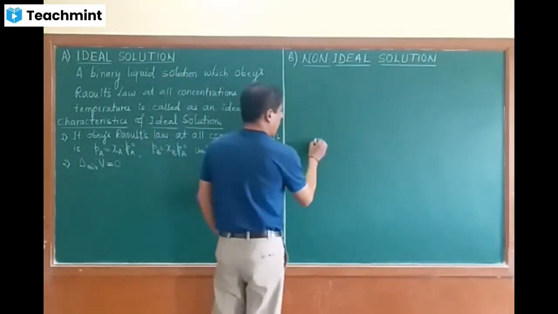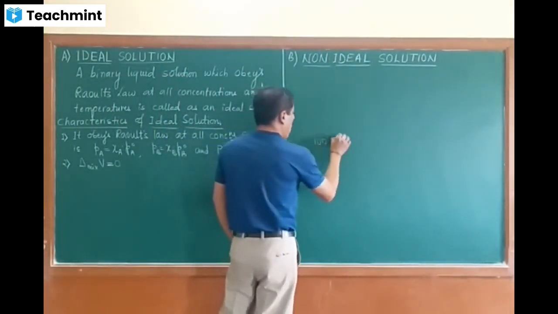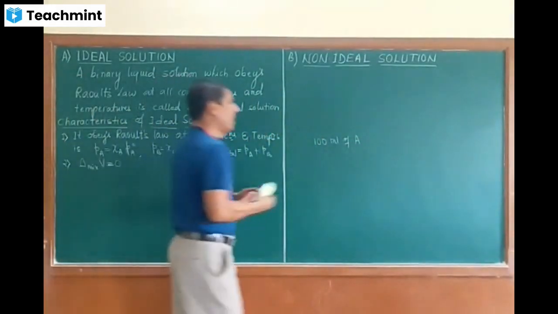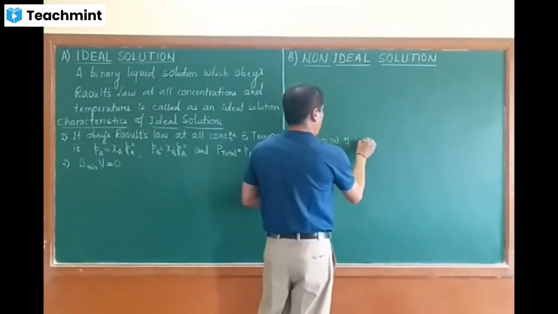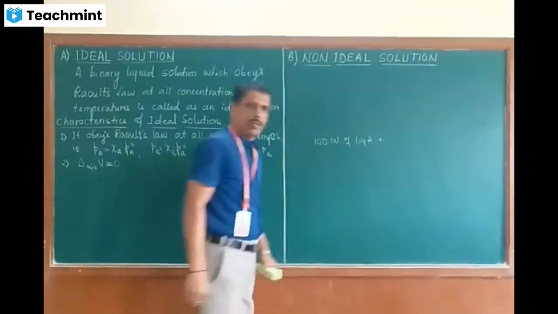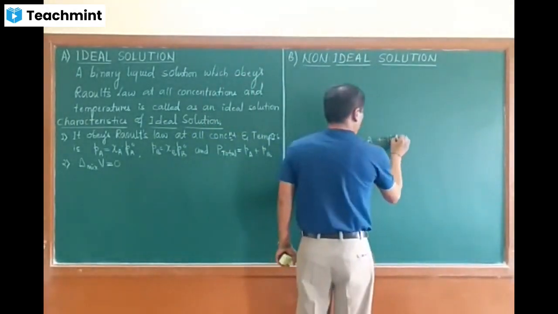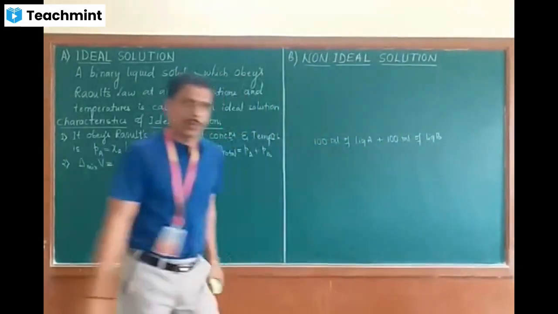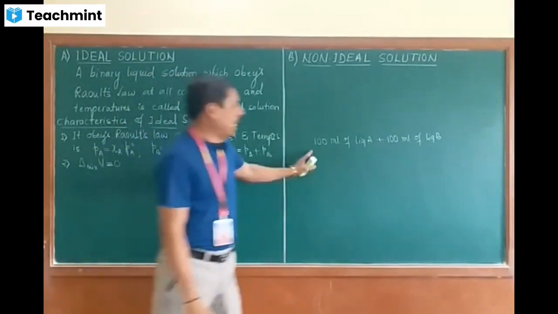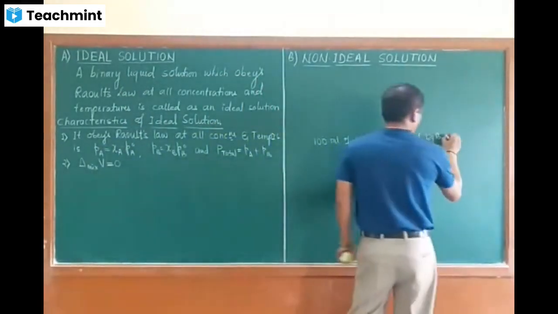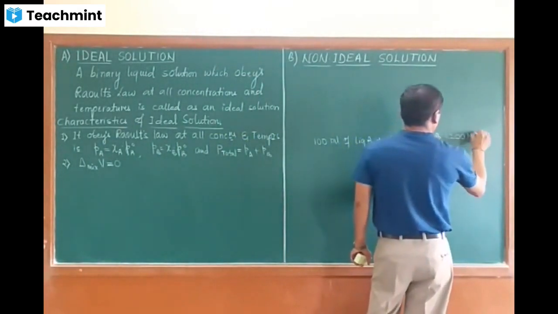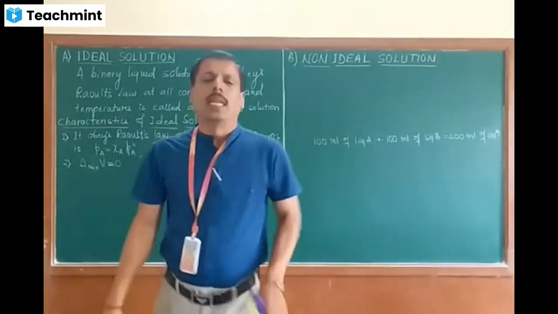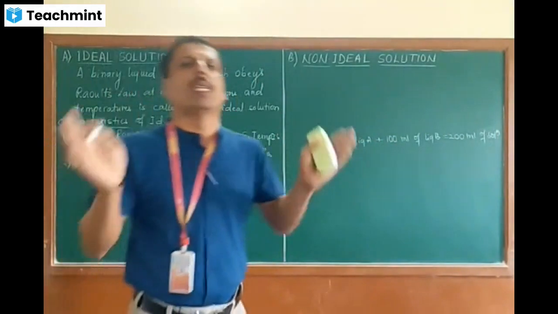Take for example, suppose you have taken 100 ml of liquid A plus 100 ml of liquid B. So what is the resulting volume? 100 plus 100, we get 200 ml of solution. Then we say that there is no change in volume after mixing the two liquids.